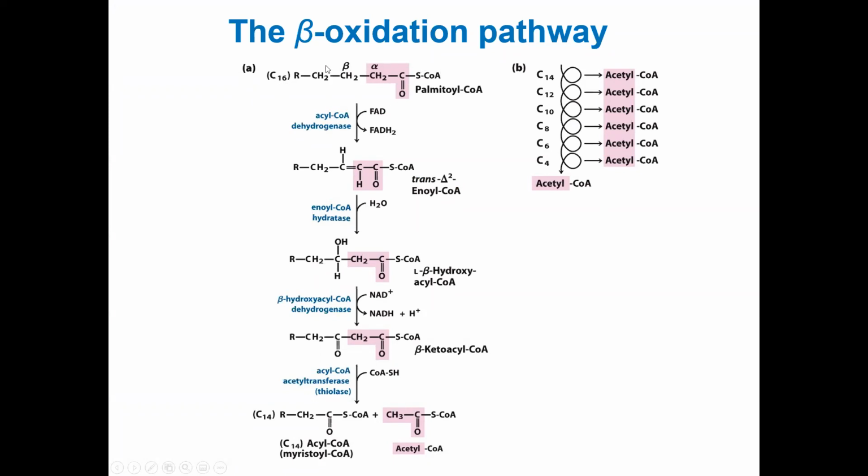Here is your 16 carbon fatty acid, palmitoyl coenzyme A. I'm showing you 16 carbons, and you will see that the chemistry is mostly happening at the alpha and beta carbons. So for the gamma carbon and beyond, you can just write an R group if you want to practice what happens in the beta oxidation pathway by yourself.